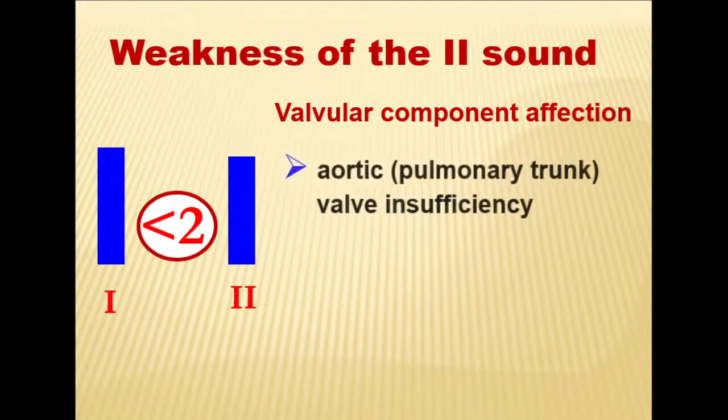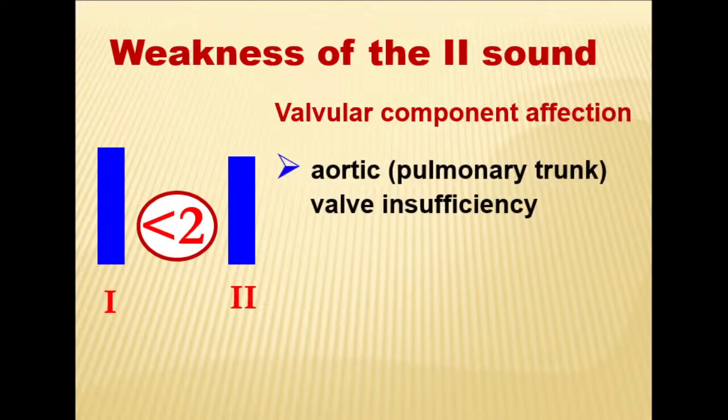First of all, it is a heart defect, aortic or pulmonary trunk valve insufficiency, in other words aortic or pulmonary trunk regurgitation, when the semilunar valve is shortened and the process of closing becomes inaudible. No adequate valvular component, so the intensity of the second sound is decreased.